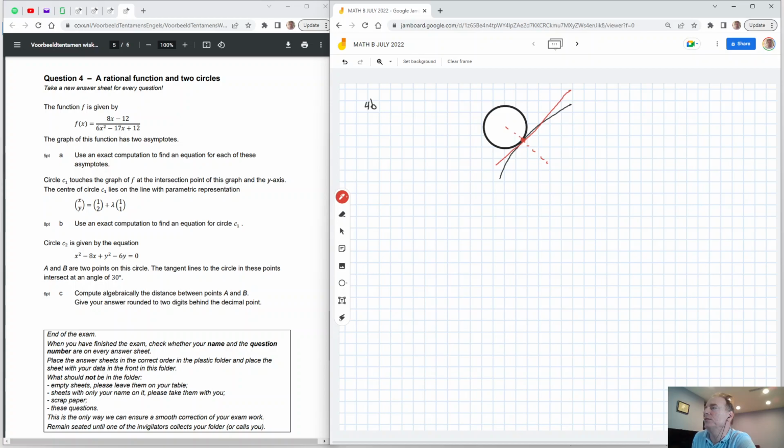So then it becomes clear that we need to find the slope of the function f here. So what is its slope? Since this line has to be perpendicular to the tangent.